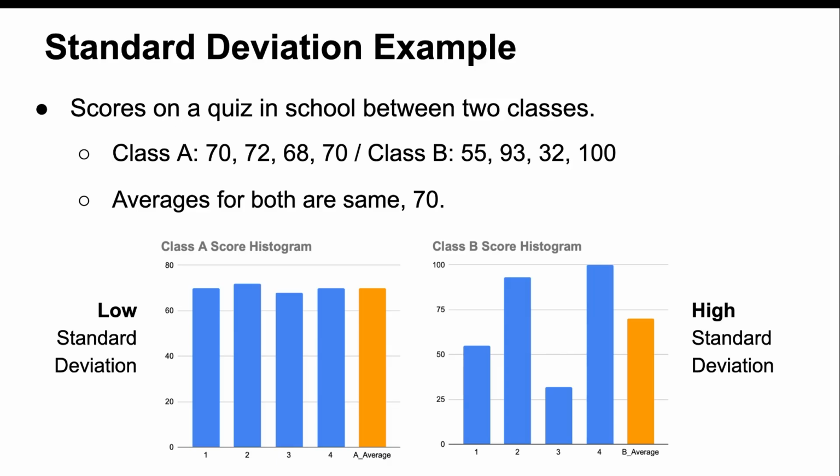So they tell very different stories even though both classes have the same average score of 70. Class A shows consistent performance across students. Class B shows extreme variation, with some students excelling and others struggling. This example illustrates why looking at average alone can be misleading. Standard deviation provides crucial context about the distribution of data.